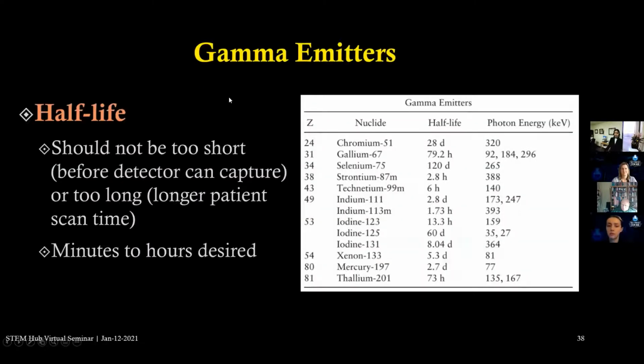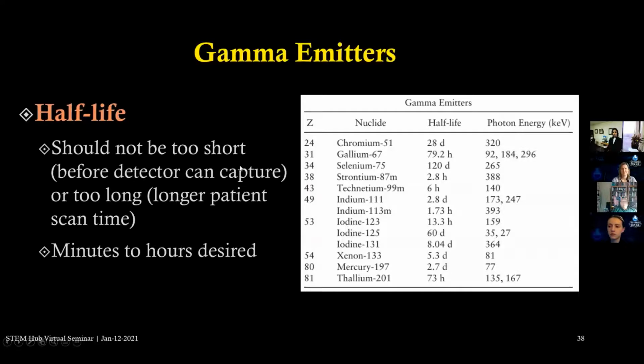Another important property in choosing which radionuclides to use is half-life. Half-life is the time taken for the radioactive substance to disintegrate to half of its amount. When the patient comes in, you inject the radionuclide and you want it to have a half-life that is not too long or too short. The typical half-life that is preferred is between minutes to hours.